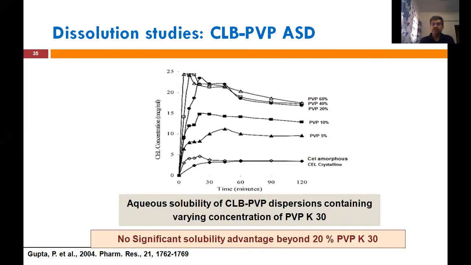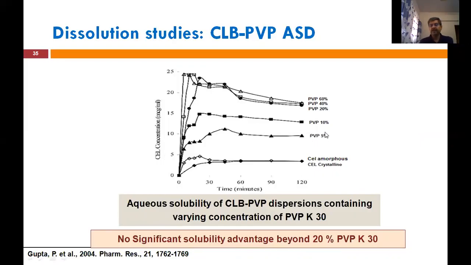With the amorphous celecoxib, which means you are just taking neat amorphous celecoxib, there is a very marginal increase in the solubility benefit, and it then tends to fall back to the solubility of the crystalline form, which means there is a very small increment in the solubility, and also this small increment is very transient, and you tend to get back to the solubility of the crystalline form.